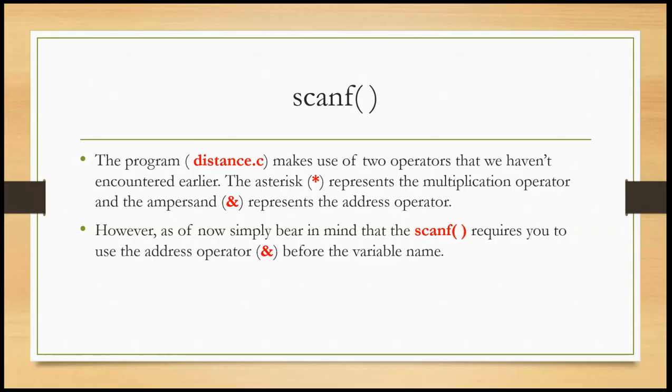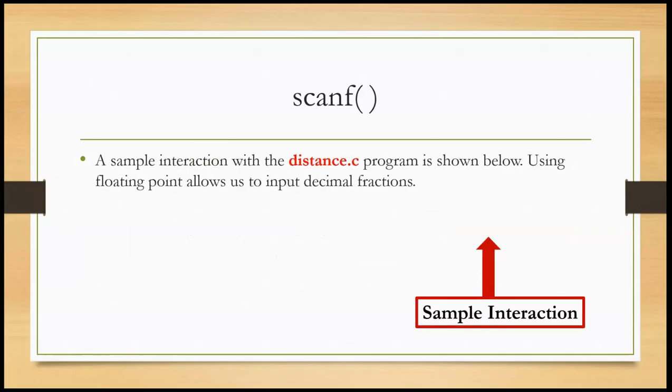The program distance.c makes use of two operators that we haven't encountered earlier. The asterisk represents the multiplication operator and the ampersand represents the address operator. However, as of now, simply bear in mind that a scanf function requires you to use the address operator before the variable name. A sample interaction with the distance.c program is shown below.